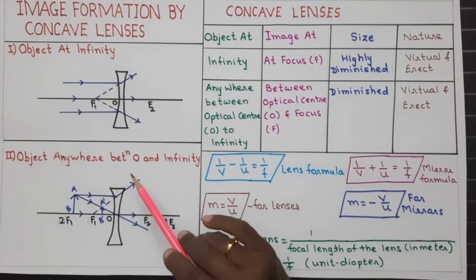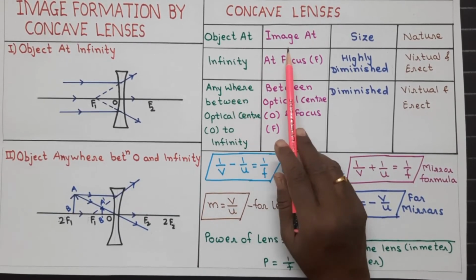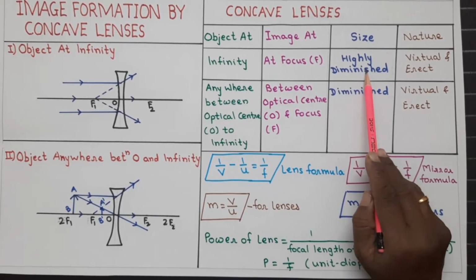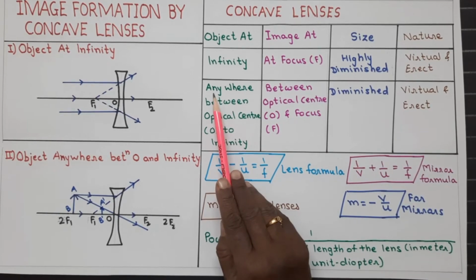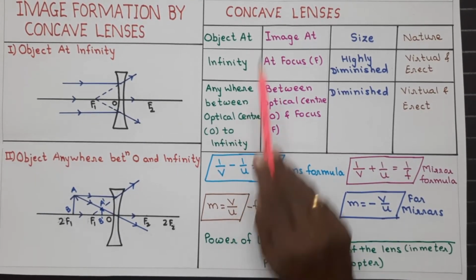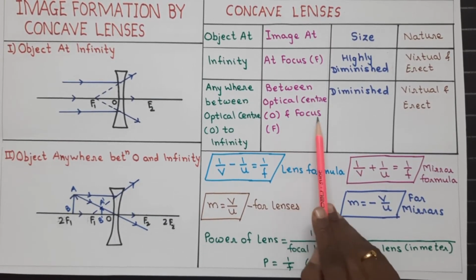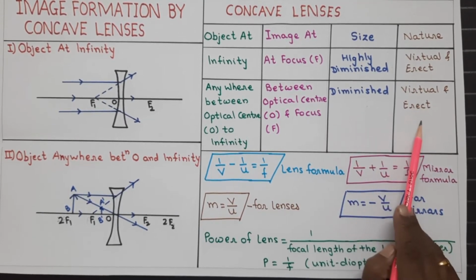Now let's summarize this. When the object is at infinity, image is at focus F. The image is highly diminished, virtual and erect. When the object is kept anywhere between optical center O and infinity of a concave lens, image is formed between optical center and focus F. It is diminished, virtual and erect.